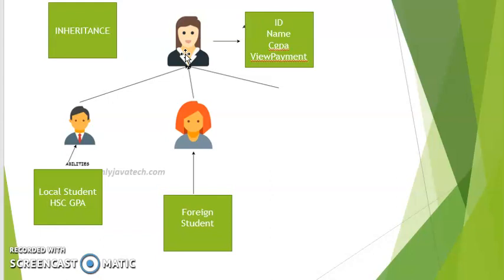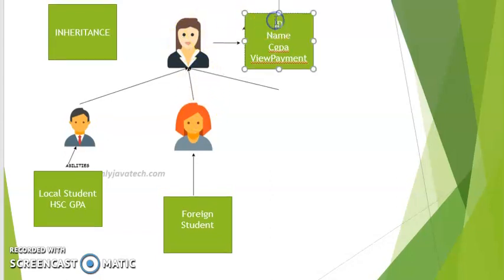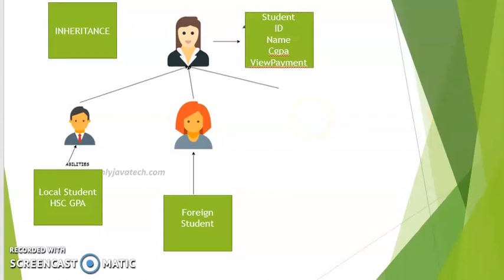So here local student is a child class, foreign student is a child class, and student is the parent class. Local student and foreign student inherit all the attributes of the student class. Student class is their parent.